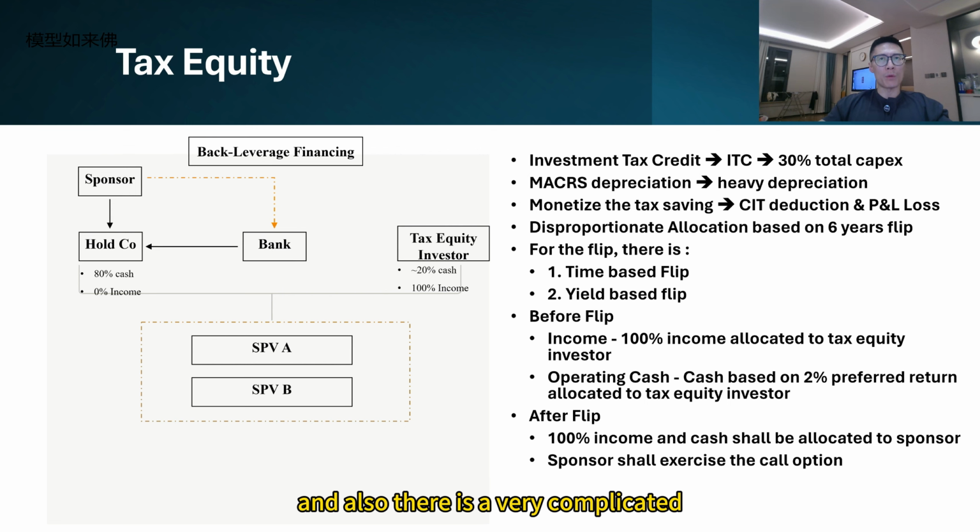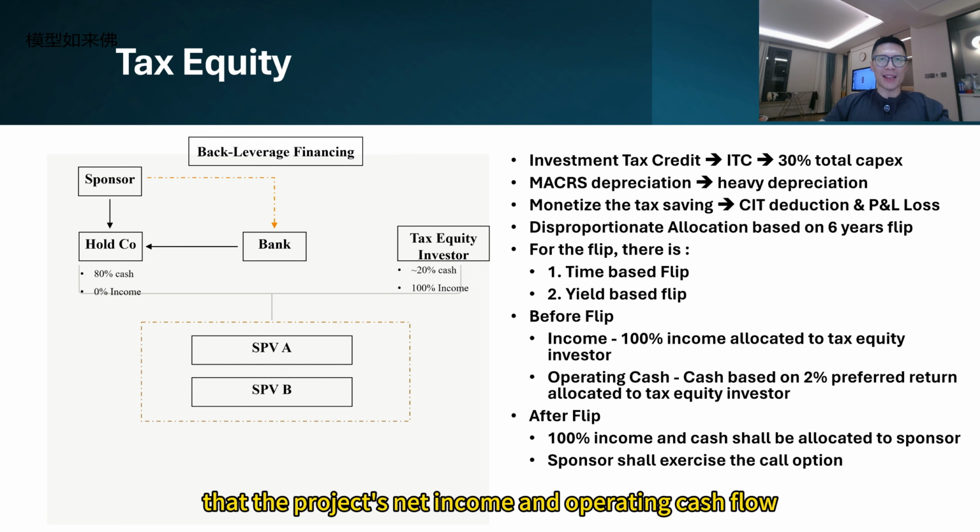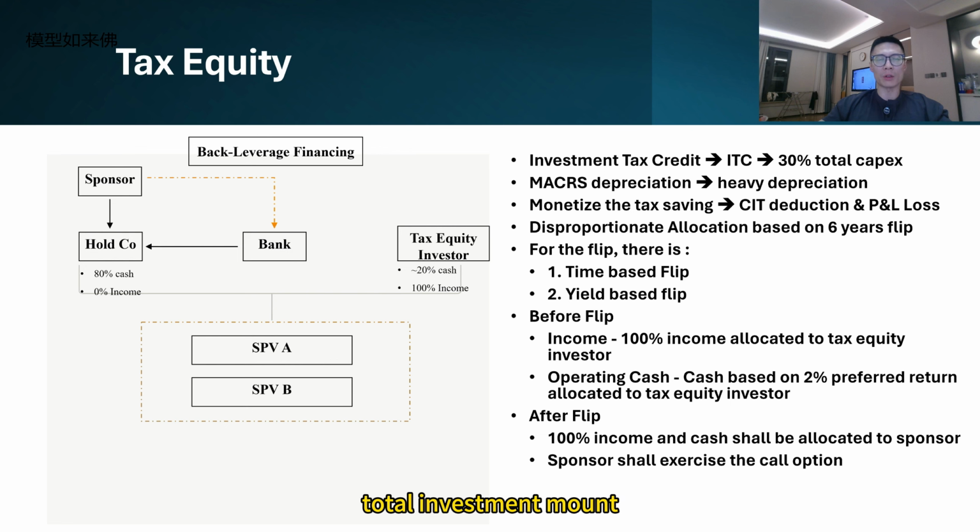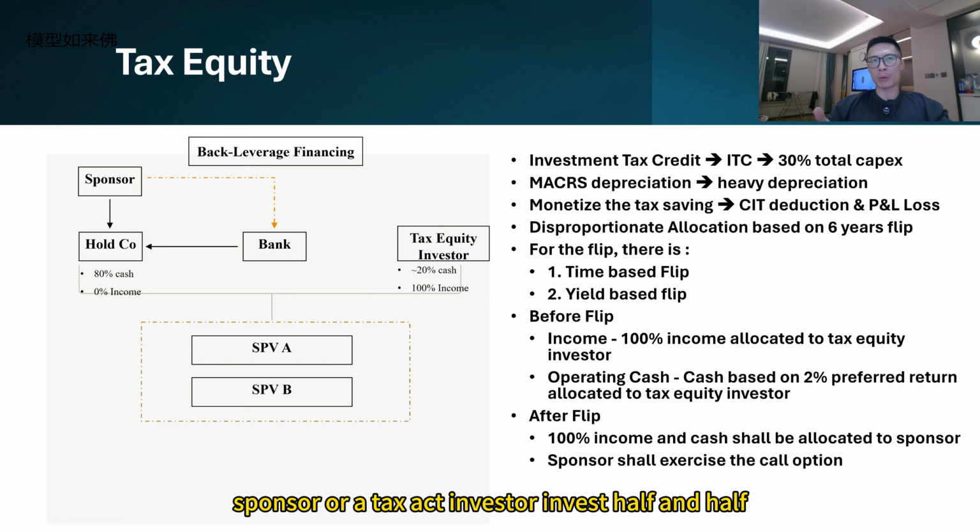There is also a very complicated tax rule, or IRS rule. It means that the project's net income and operating cash flow can be distributed disproportionately to their total investment amount. What we normally understand is that if the sponsor and the tax equity investor invest half and half, they should get half and half of the cash as well as the P&L income.